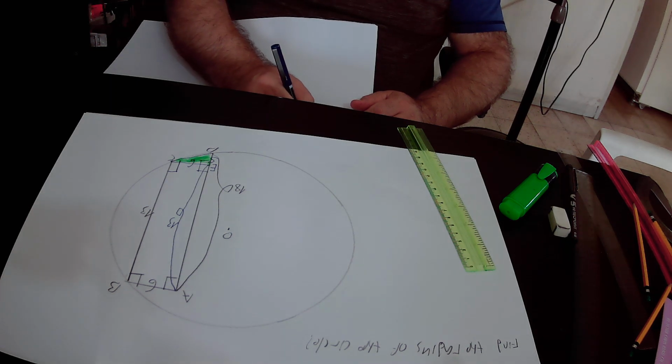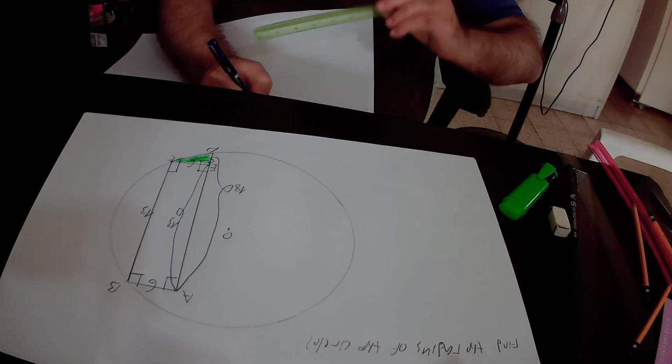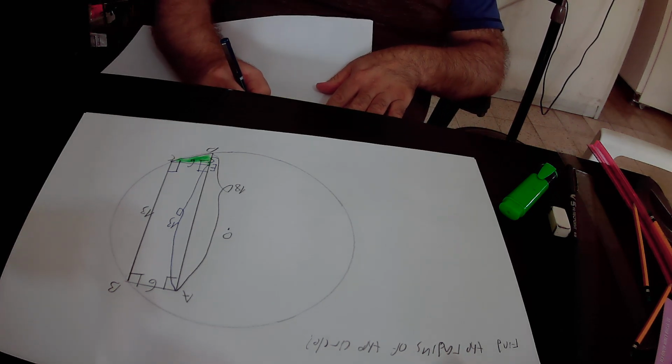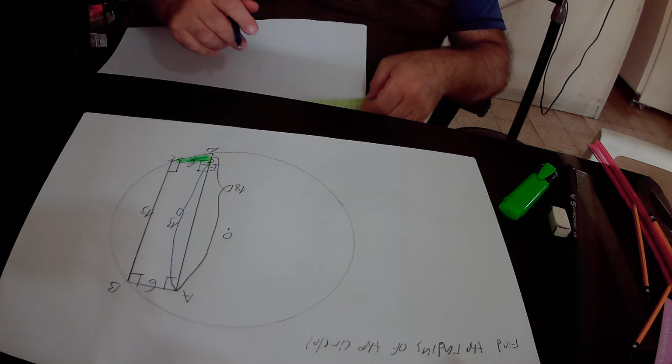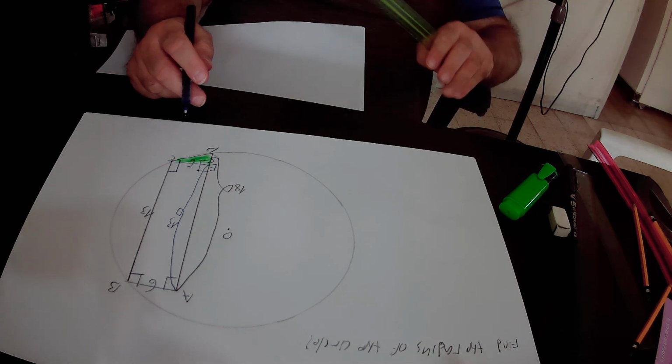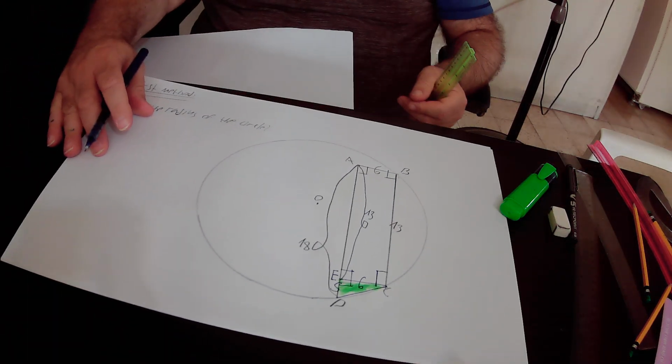Here, PT is the abbreviation for Pythagoras theorem. According to the Pythagoras theorem, in any right triangle, the square of the hypotenuse equals the sum of the squares of the perpendiculars. The hypotenuse in the green triangle is DC.